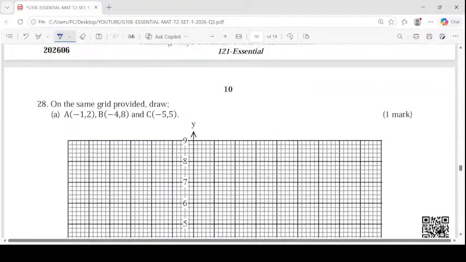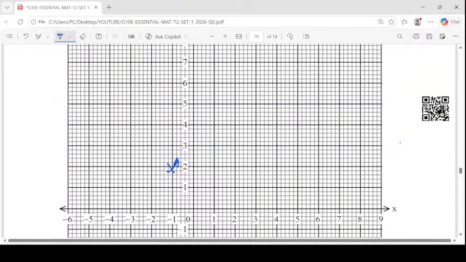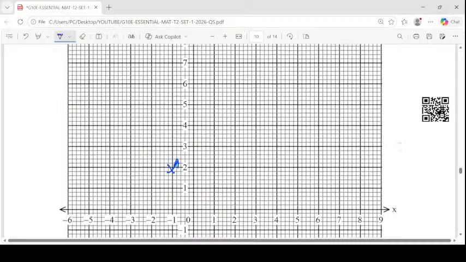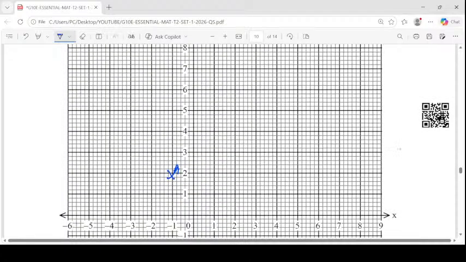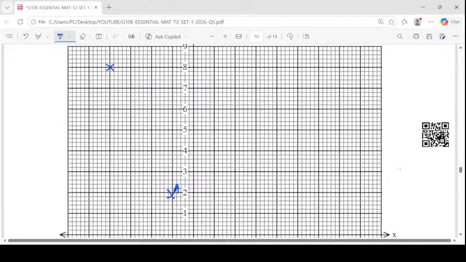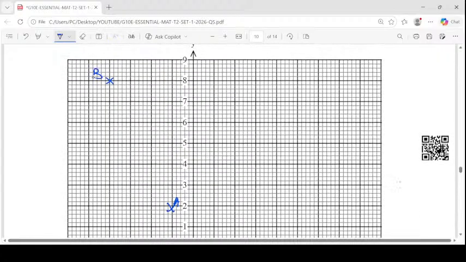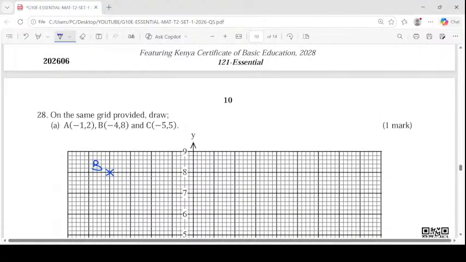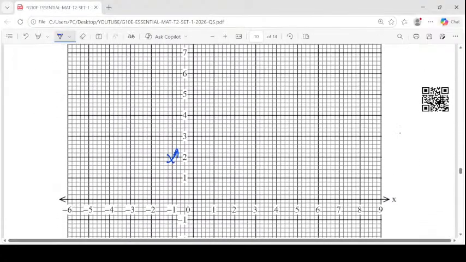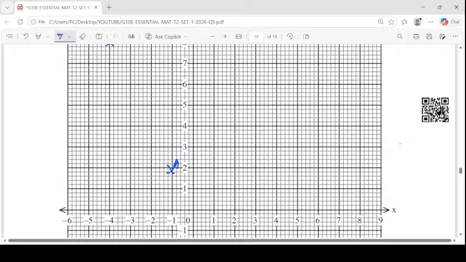B, negative 4, 8. Negative 4, 8 is here. That is my B. C, negative 5, 5. Negative 5, 5 is here.